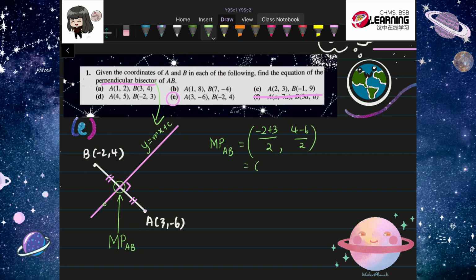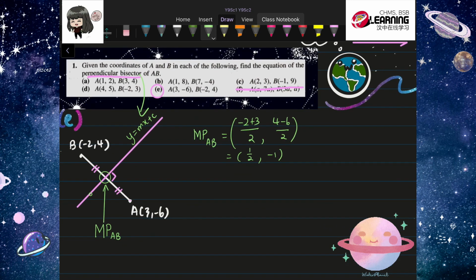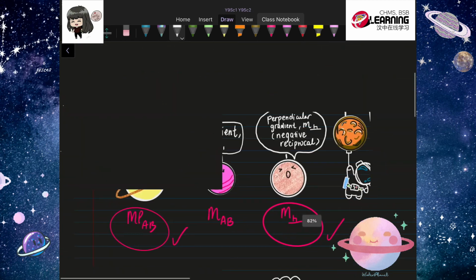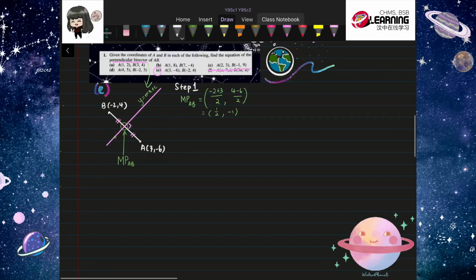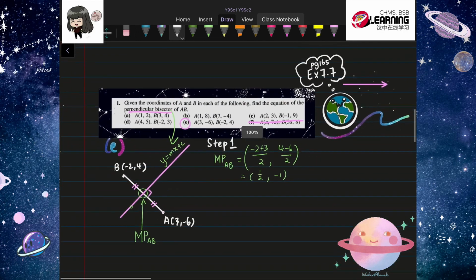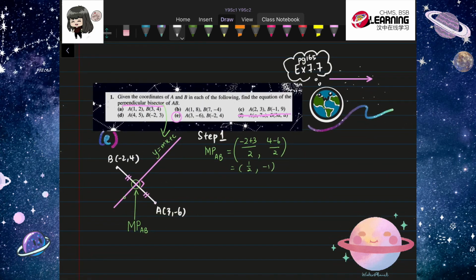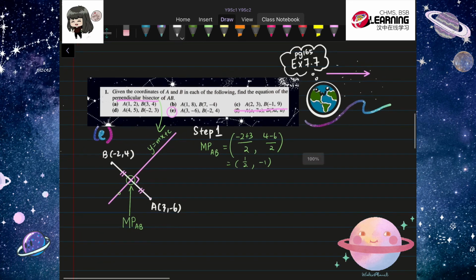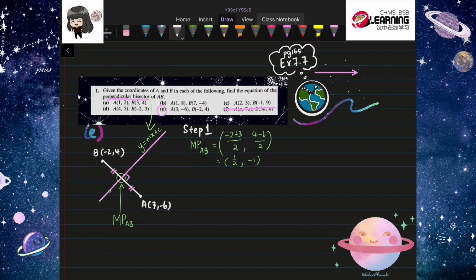So I get a half and then negative 1. So my first step is midpoint. I follow this one. This time I will write step 1, 2, 3, 4, but after that, you don't need to write the word step 1, step 2, step 3, also okay. I just want to lead you on how to find the perpendicular bisector. So my step 1 is here.